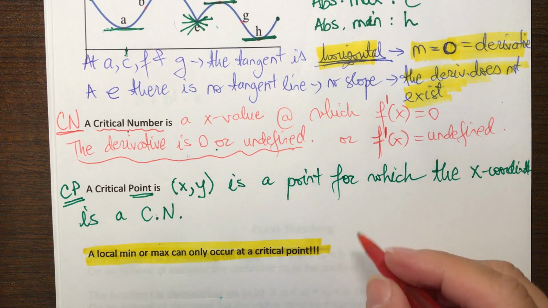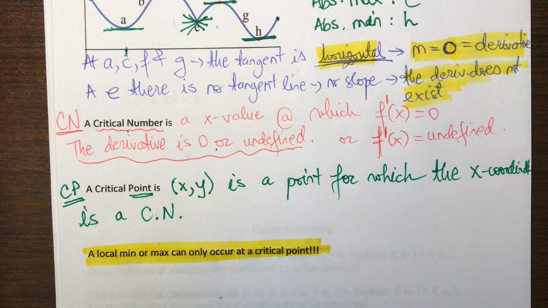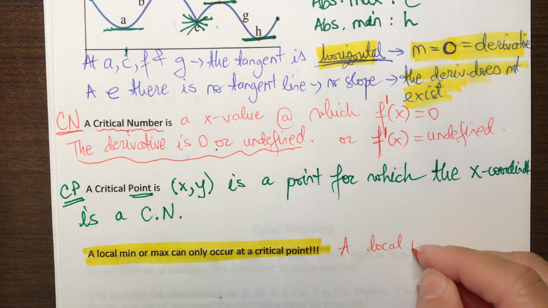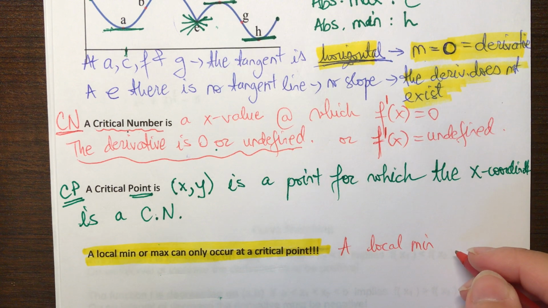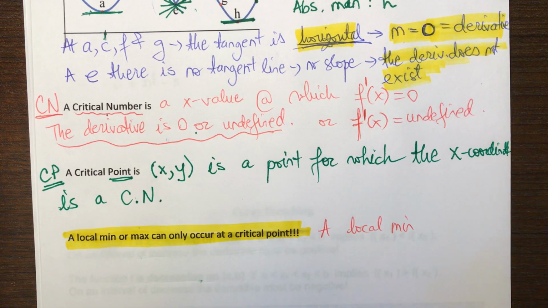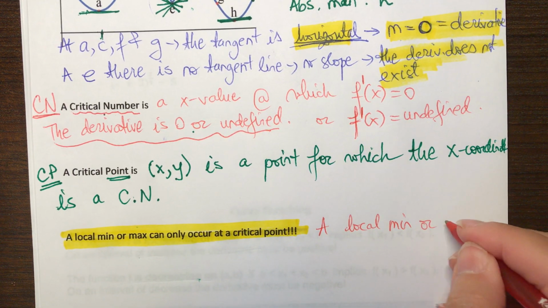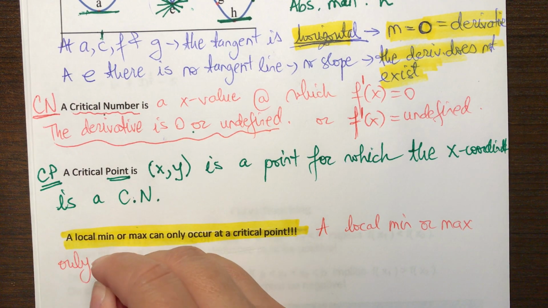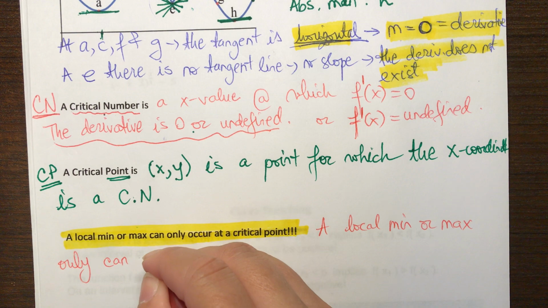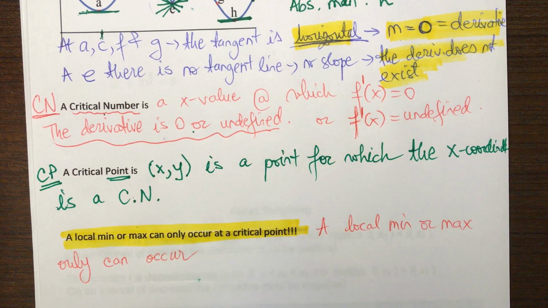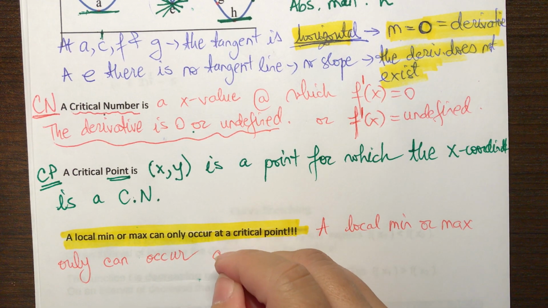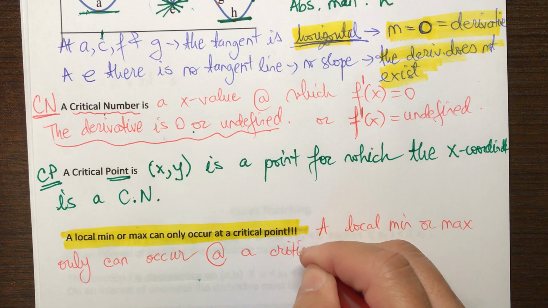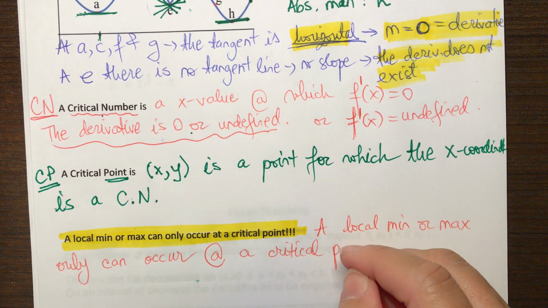A min or a max, local, which again, local or absolute is a special kind of local, min or max, can only occur, so it can come up, at a critical point. Oh, I just said I could write CP for that.